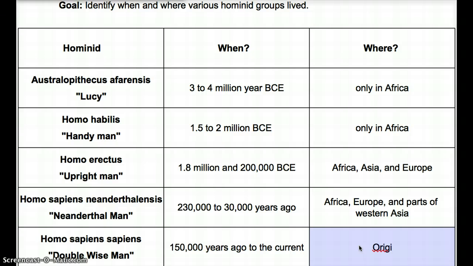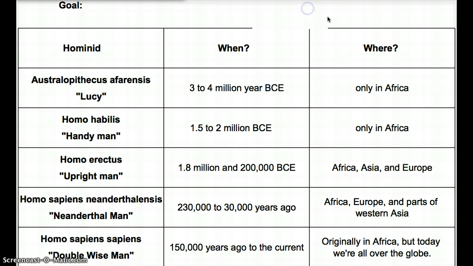Well, they were originally in Africa, but today we're all over the globe. All right, so we have the hominids, when they started, and where they lived.